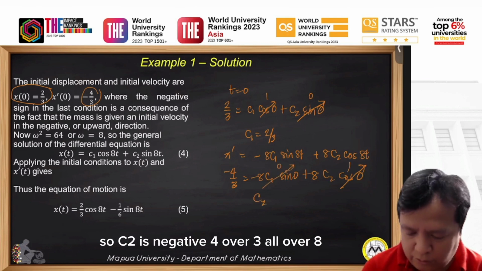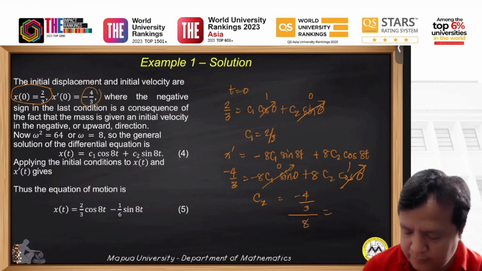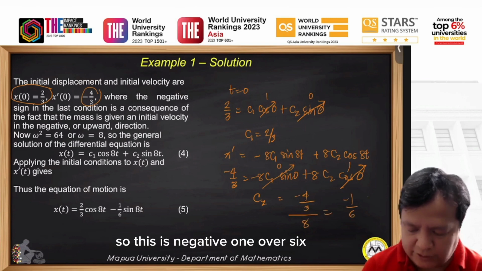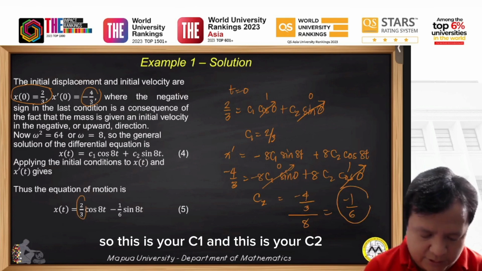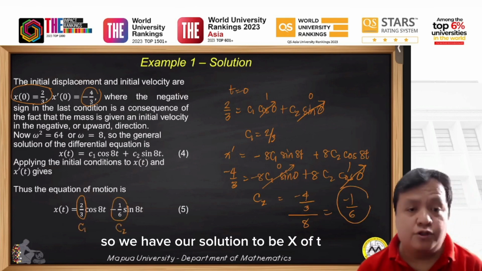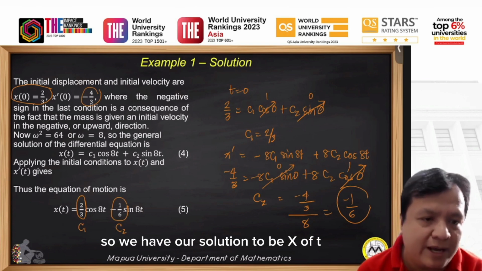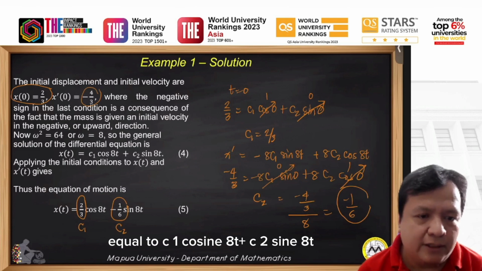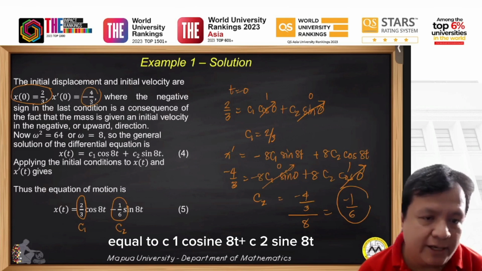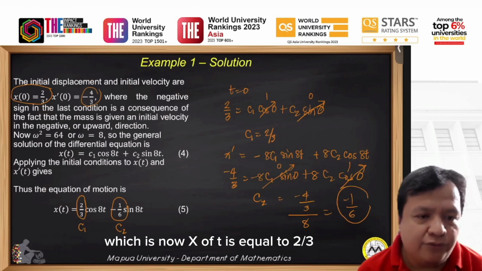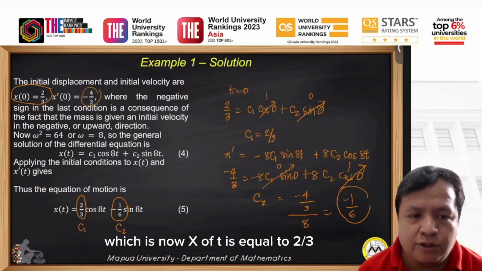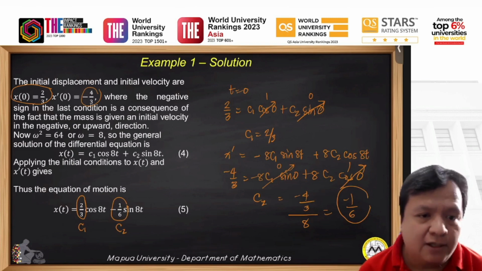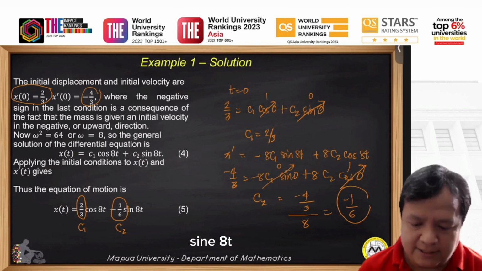So c2 is negative 4/3 all over 8, which is negative 1/6. So this is your c1 and this is your c2. Our solution is x of t equal to c1 cosine 8t plus c2 sine 8t, which is now x of t equal to 2/3 cosine 8t minus 1/6 sine 8t.